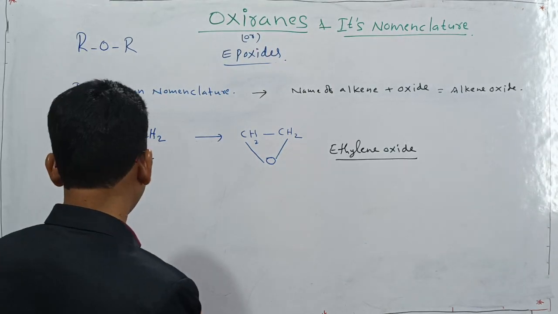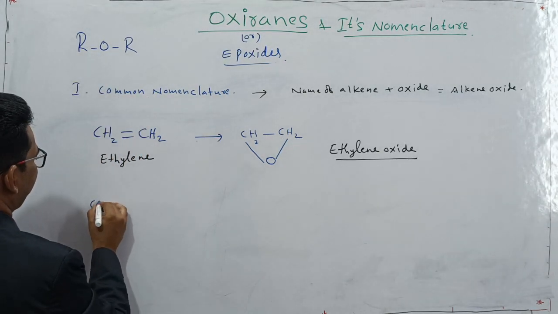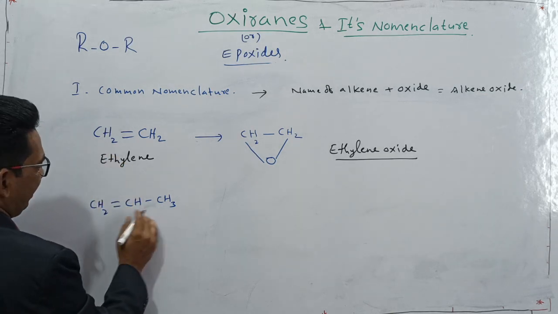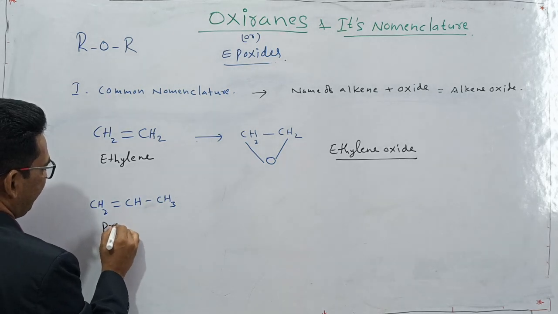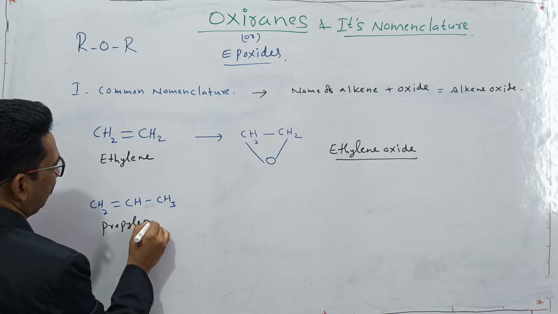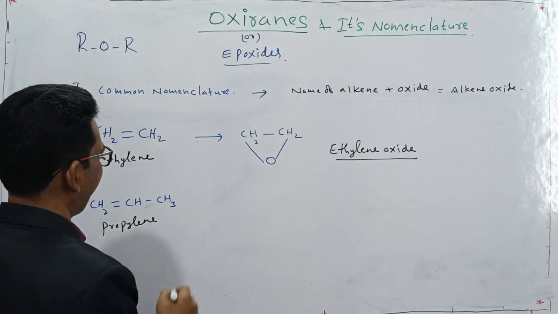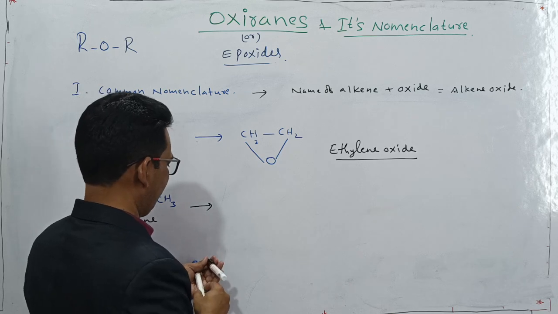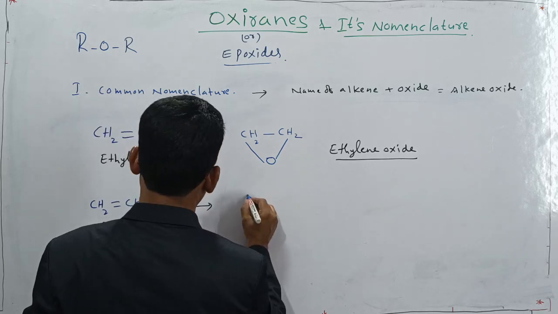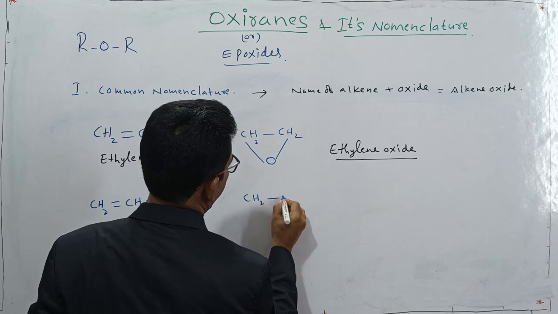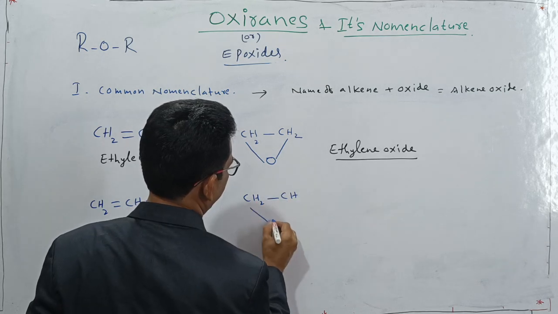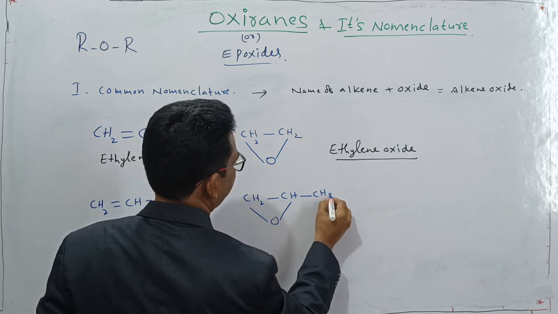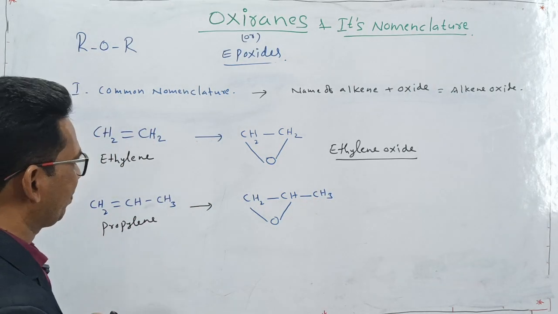Now for example, what is this called? This is an alkene with 3 carbons, propylene. The common name for this alkene is propylene. Now how will we write it in the form of an oxirane? CH3, just see.